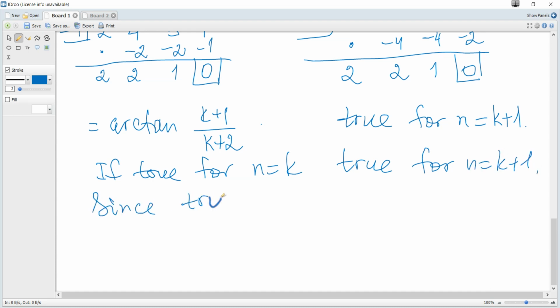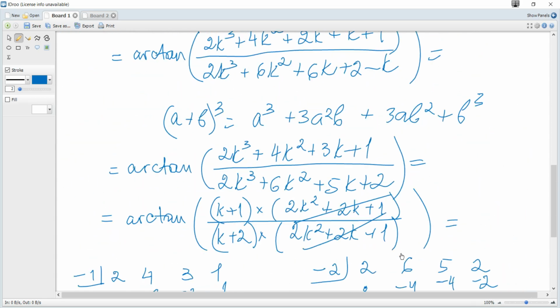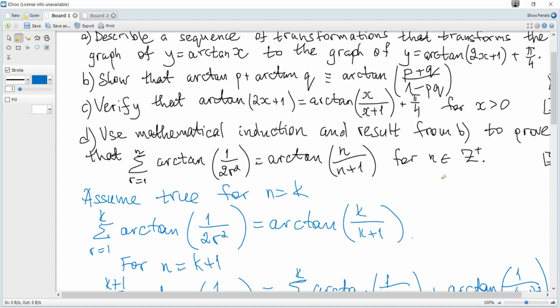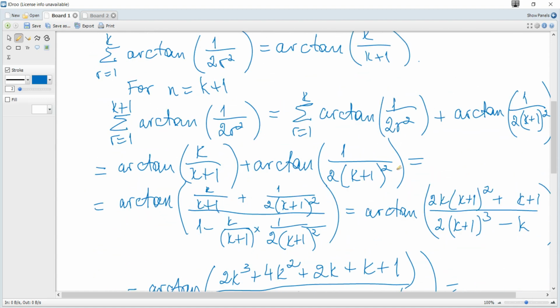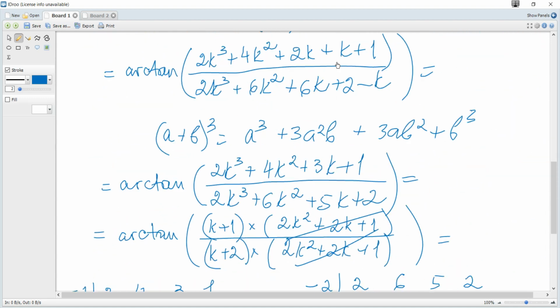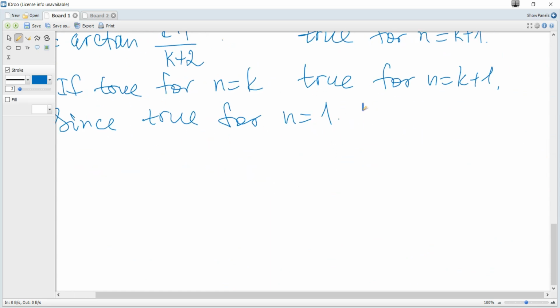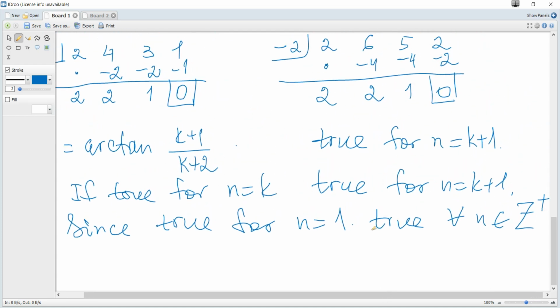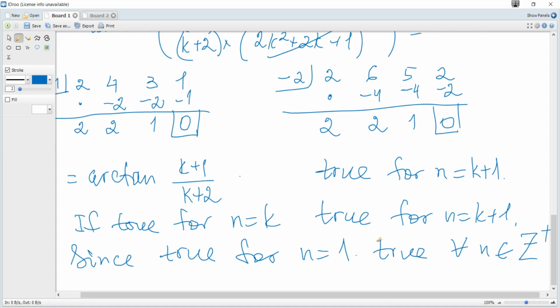Since true for n is 1, true for any n, true for any n that is a positive integer. And that's all for this question.